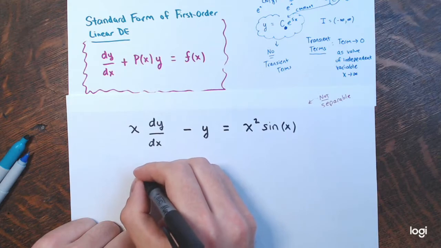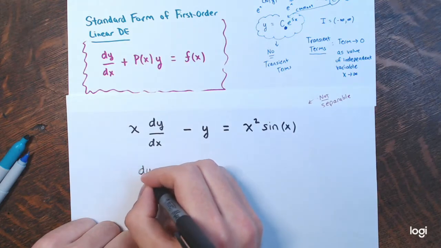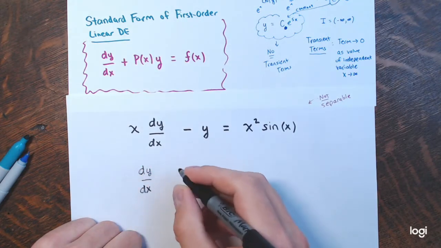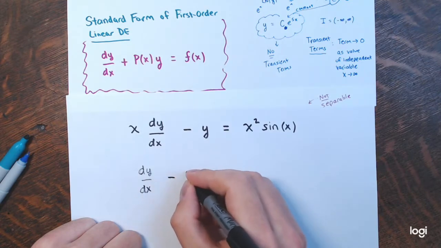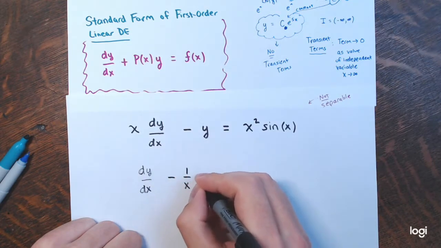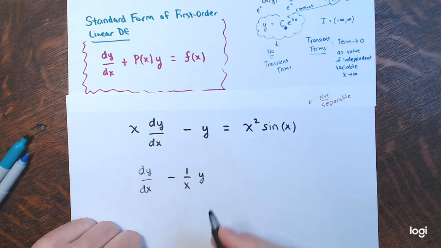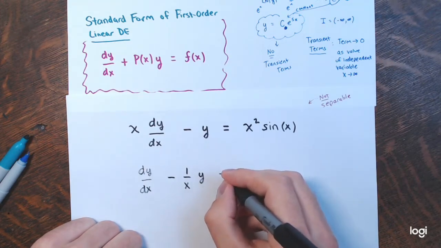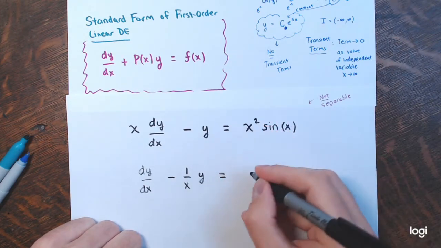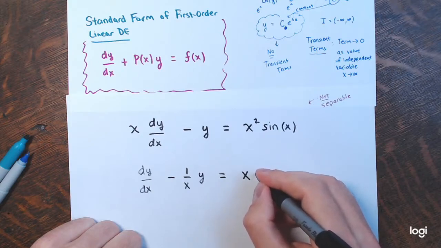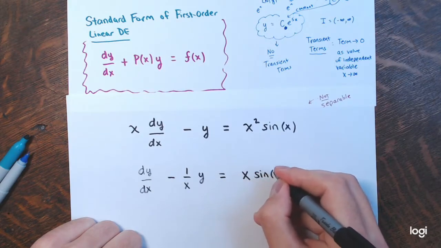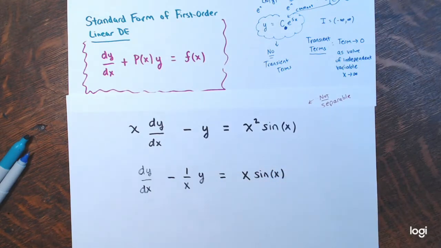So we have dy/dx minus 1 over x times y, because again I'm dividing everything by x, equals, and then dividing this side by x, one of the x's cancels, and you get x times the sine of x. Great. So now it is in this form.